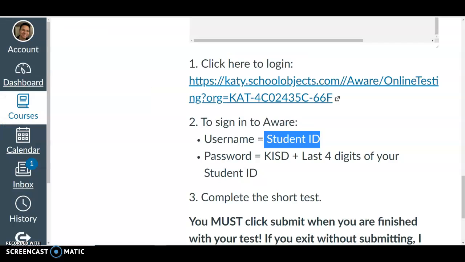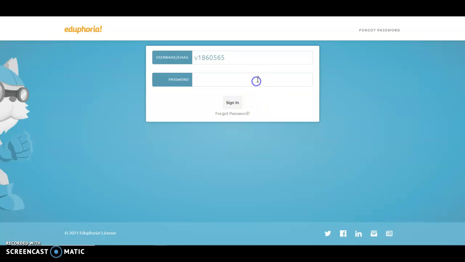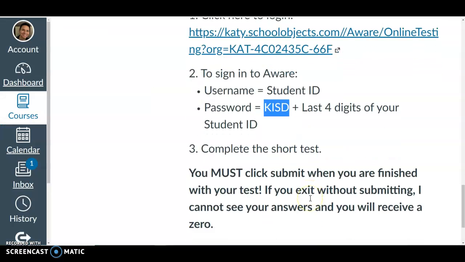Then directions tell you to put capital KISD and the last 4 digits of your student ID. So for instance, KISD 0565, and then you would click sign in, and then you should be good to go.